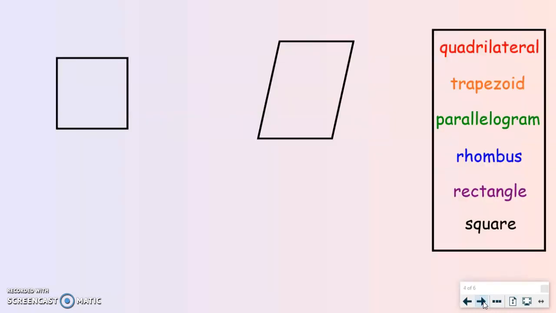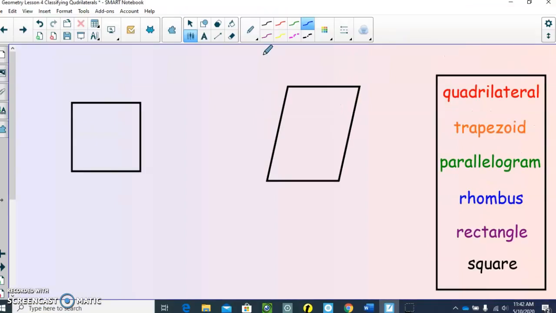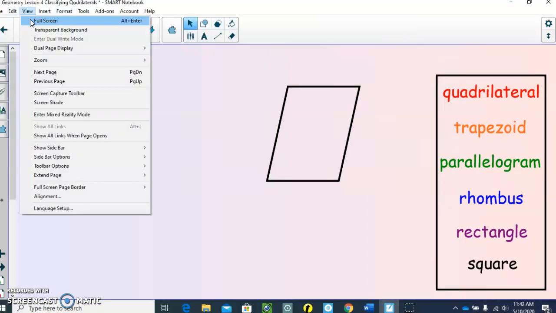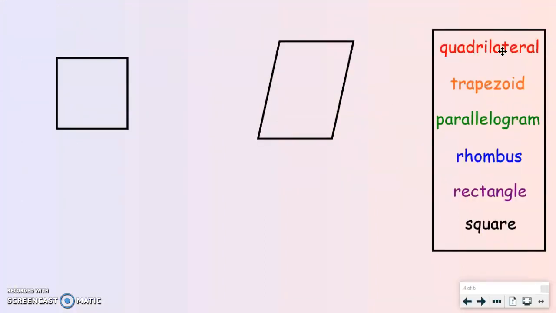Classifying quadrilaterals is a little bit like classifying triangles in that you can give it more than one name. What I have here is all the different titles, or ways we can describe and classify a polygon.